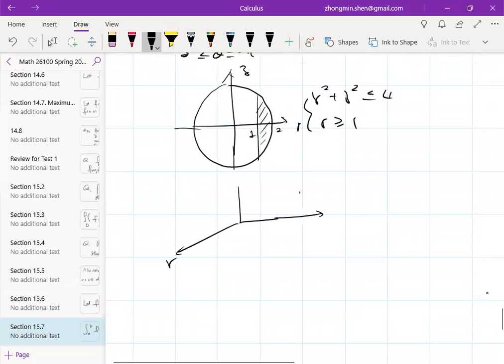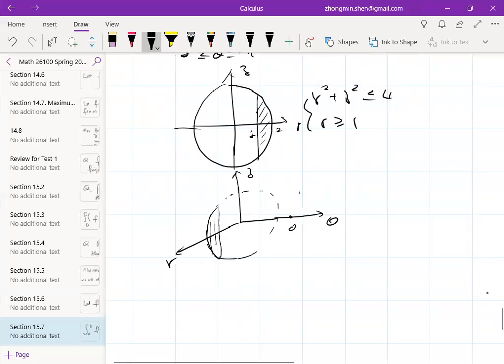Okay, here's R, here's theta, right? This is Z, right? So first of all, let's look at the sphere. So this is the portion I'm talking about, right?